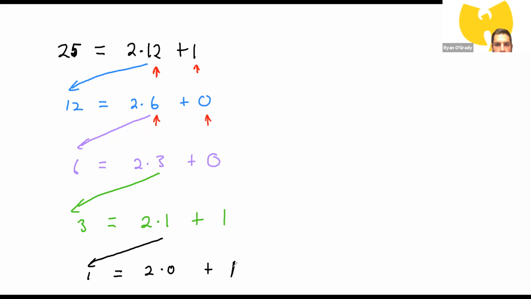And so the observation is to look at the remainders. You need to think about why this is true. If you look at these remainders, the remainders are 1, 0, 0, 1, 1.